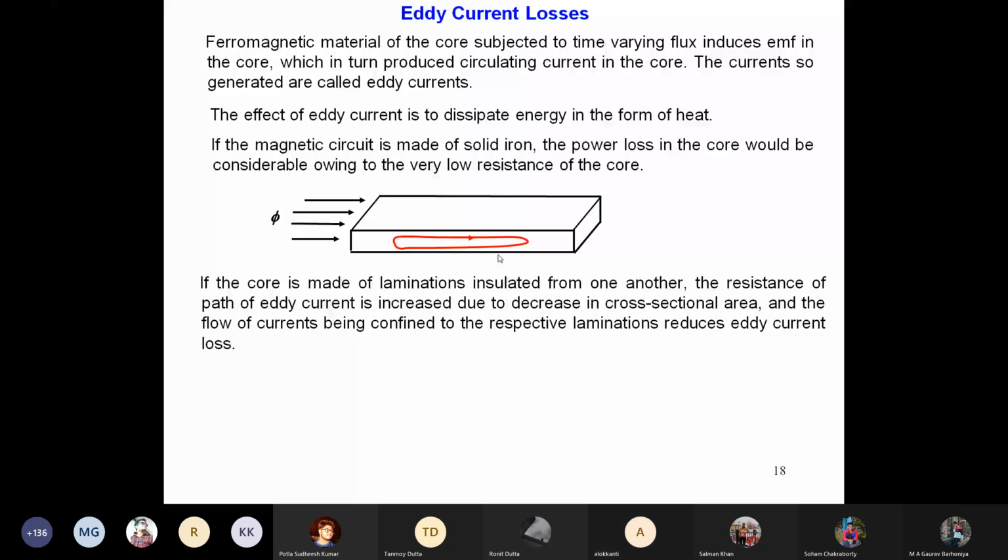I have a doubt in the diagram. The flux is coming parallel to the plane where the eddy current is being generated. Shouldn't the eddy current plane be perpendicular to the flux? No, this is some arbitrary direction I have shown.